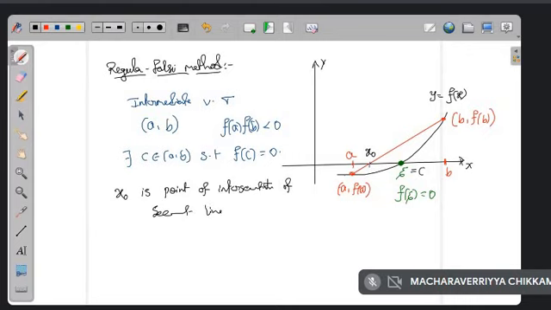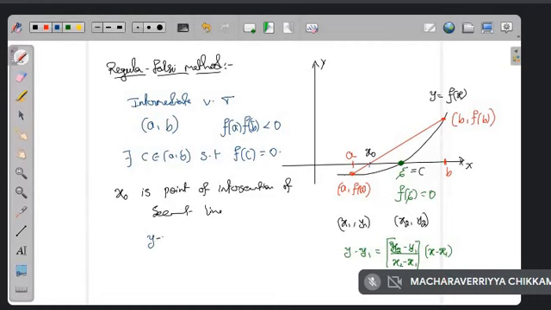Now what is the equation of this line? Given two points, let's say x1 comma y1 and x2 comma y2, I hope you know the formula for the line joining them: y minus y1 equals y2 minus y1 by x2 minus x1, into x minus x1.